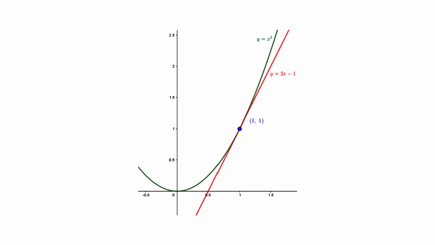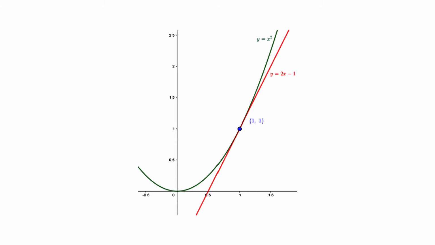If we sufficiently magnify the portion of the parabola and the tangent line near the point (1, 1), it can be seen that the portion of the graph of the parabola near (1, 1) takes on the appearance of the segment of the tangent line y is equal to 2x minus 1.